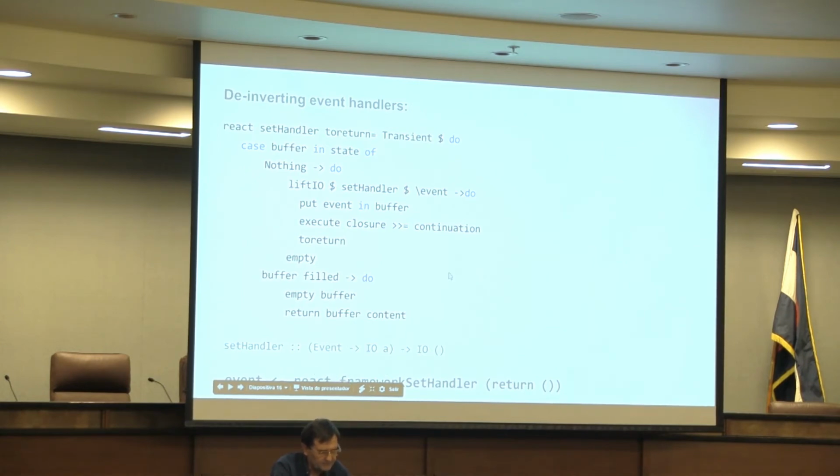The goal is this, the last line: instead of continuing the flow in an event handler, we want to receive the event in the current monadic sequence. But let's skip this because we don't have much time. You will see the structure is very similar.